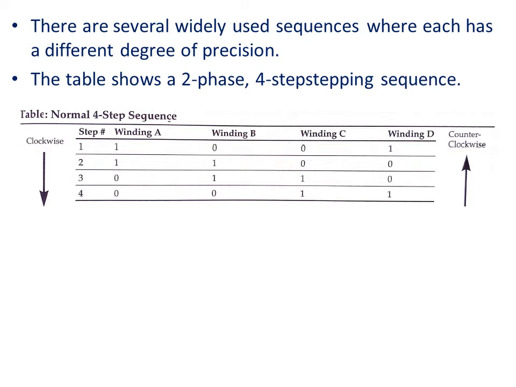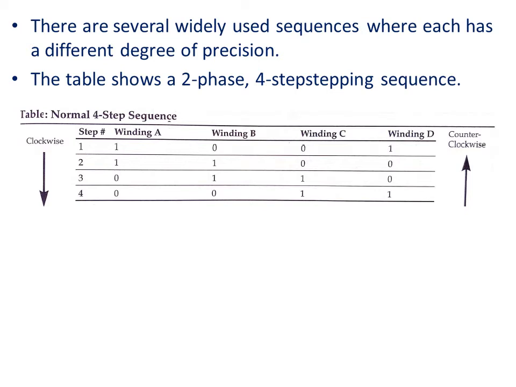As shown in the table, to get the first step, winding A should be given the value 1, that is high, and winding D should be given the value 1, and windings B and C should be given the value 0, that is low. To get the second step, winding A should be given the value 1, and winding B should be given the value 1. Windings C and D should be given the value 0.